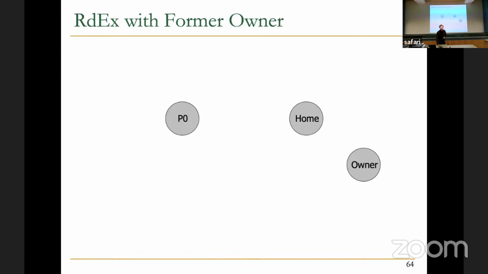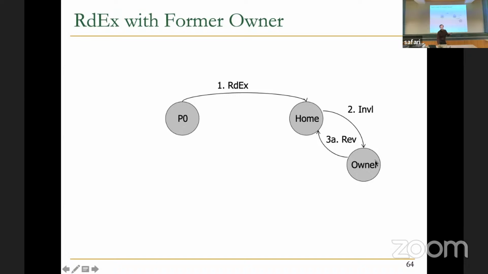Here is another example. Processor 0 sends a read exclusive request to the home directory of that node. The directory knows that there's an owner, meaning exclusive access. Unfortunately, different terminology is used by different books; this is from the same book. But this is basically some cache or processor that has exclusive access to this block. The directory says, invalidate your block and send me the revised block back.